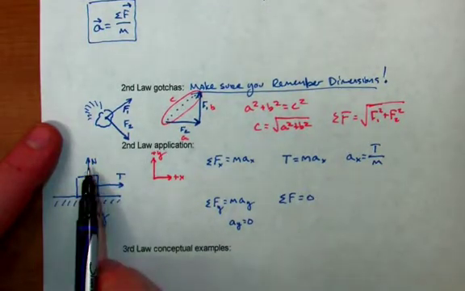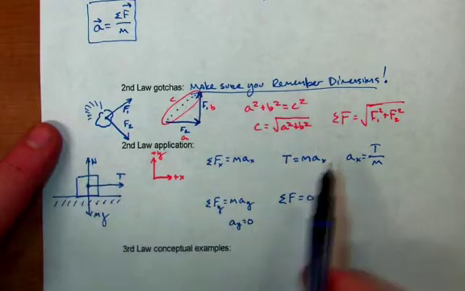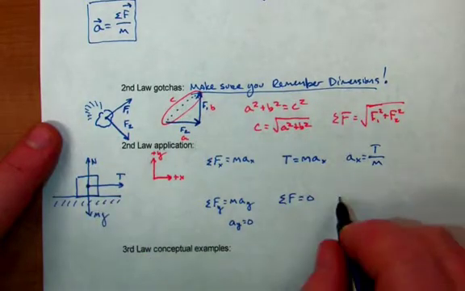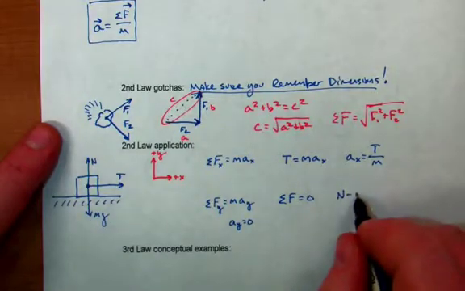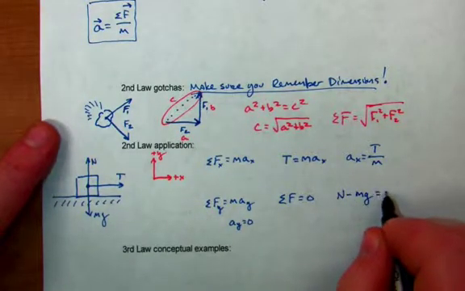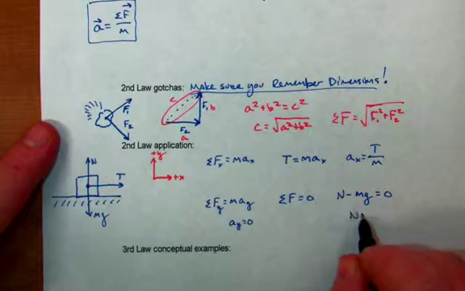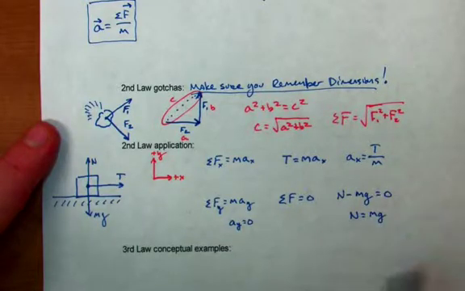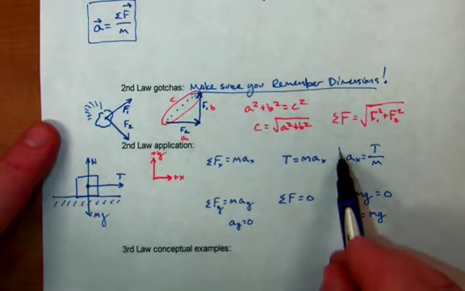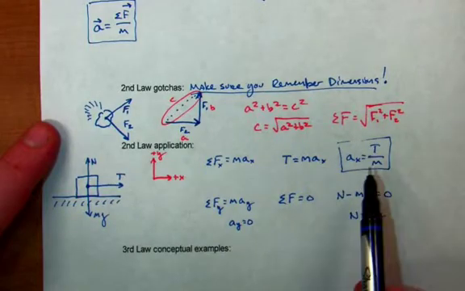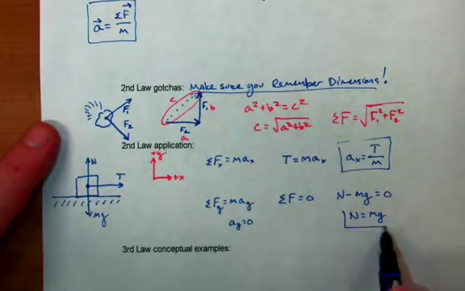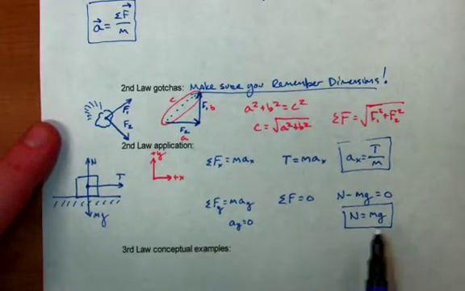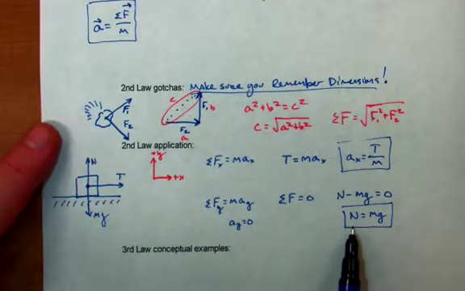And if I now plug in my forces, I said that up was positive y, so I could say N minus mg, because it's in the opposite direction, equals 0. So N equals mg. So now I have only one acceleration. It's in the x dimension. That acceleration is equal to T over m. And I have no acceleration in the y dimension, but I know information from this. I know that the normal force is equal to the weight in this example.